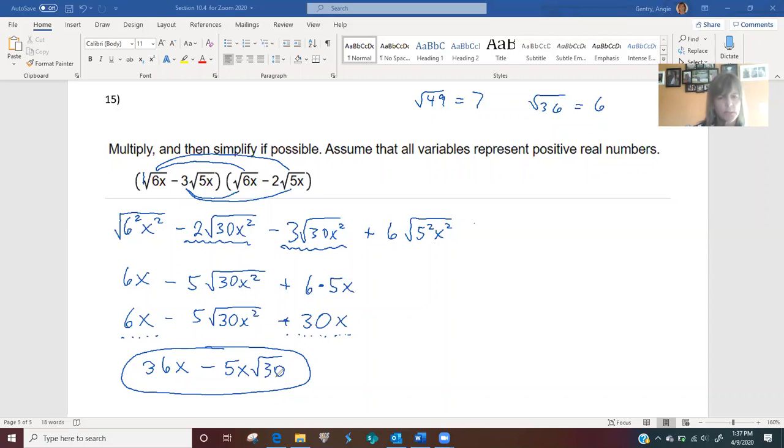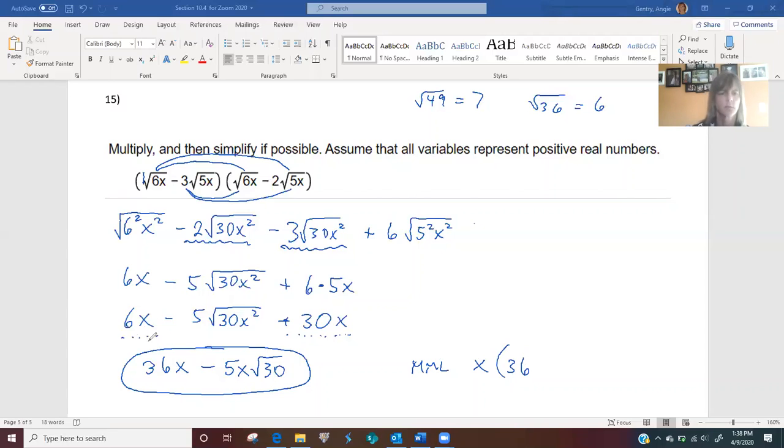I'm looking at this for a second. It is possible that in my math lab they would allow the answer to be like, do you see how we have 2 terms and they both have an x? Everything else is not the same, but they both have an x. You could write it like this.